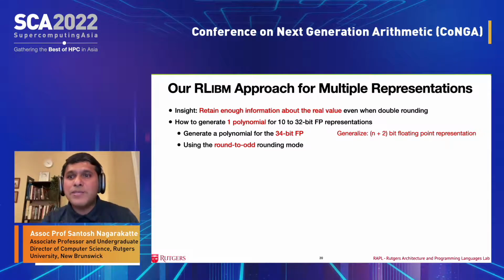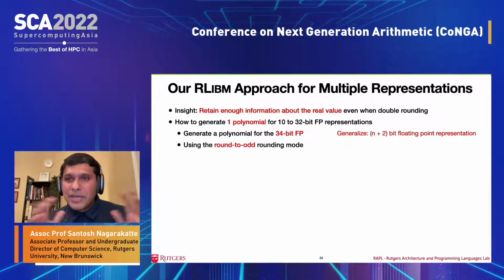If you have these three pieces of information, along with the adjacent two floating point values, you can do correct rounding. So our key insight in the RLIBM project, which allows us to design correctly rounded libraries for multiple representations, is based on this observation: if you want to avoid double rounding error, preserve this information.